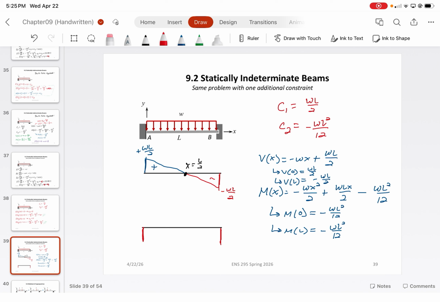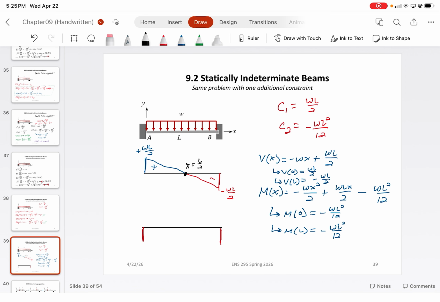And then we know about the distributed load, and also from the equation, that it's going to be some quadratic expression, right? But how do we know the concavity of it? We don't. What we do know is the point where the shear force crosses 0. So we could determine where the bending moment at that point is, right?